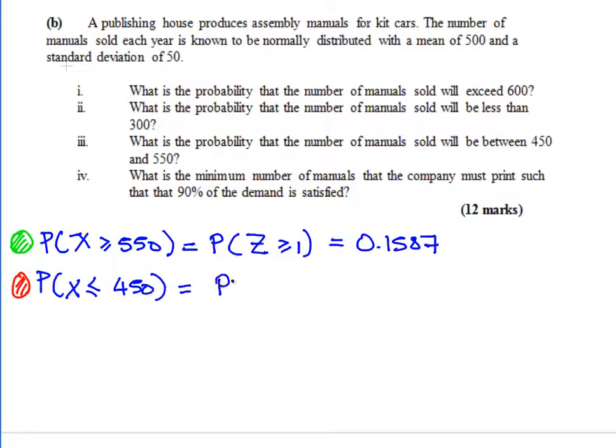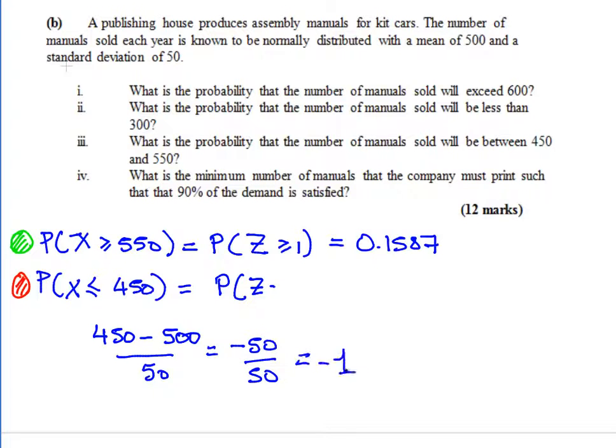So that is equal to the probability of what z-score? 450 minus 500 over 50, that's minus 50 over 50, that's equal to minus 1. So the probability of x being less than 450 is equal to the probability of a z-score less than minus 1.